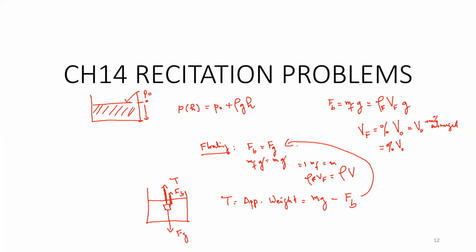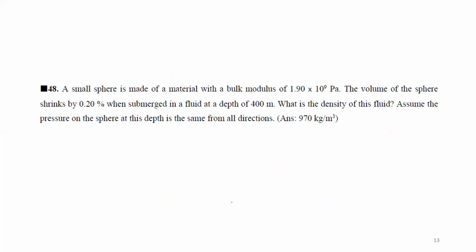Okay, so now let's go and solve our problems. This is the first problem. We have a small sphere made of a material of bulk modulus in Pascal. The volume of the sphere shrinks by 0.20% when submerged in a fluid at a depth of 400 meters.